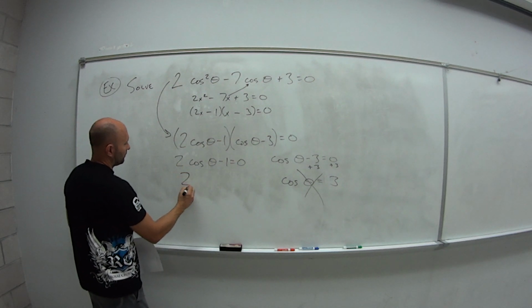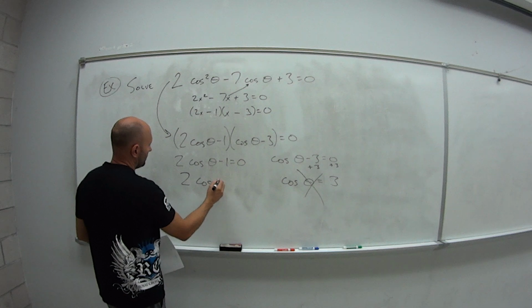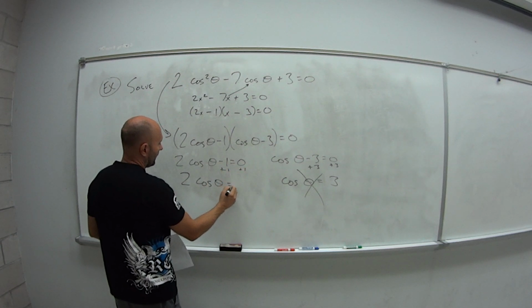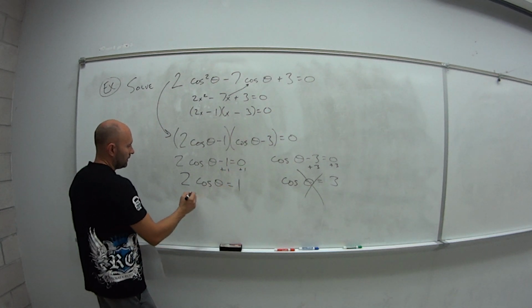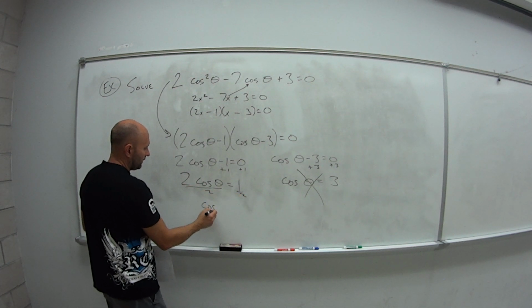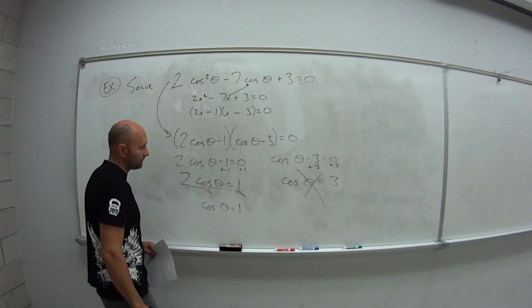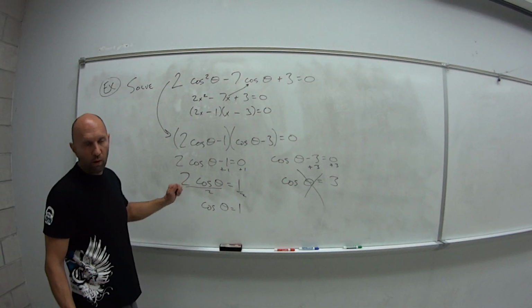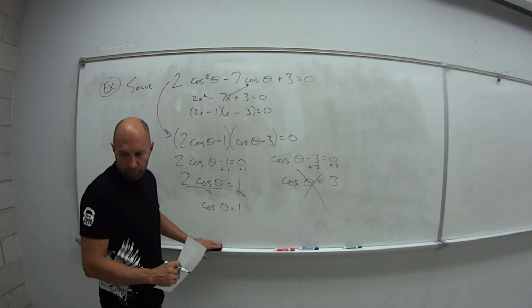So just like the last problem, we're going to say 2 cosine of theta, if we add 1 to both sides, is equal to 1. Divide both sides by 2. We get cosine of theta is equal to 1/2. So where is cosine of theta equal to 1/2?